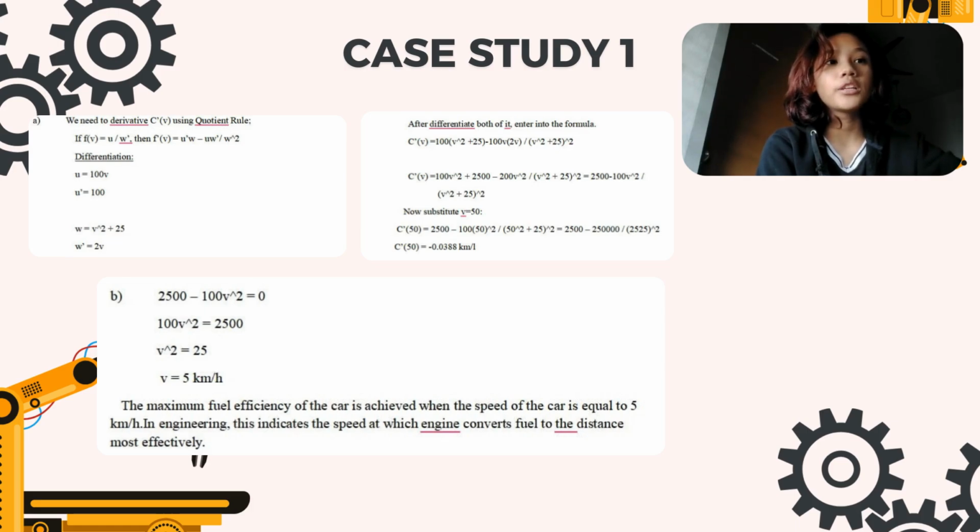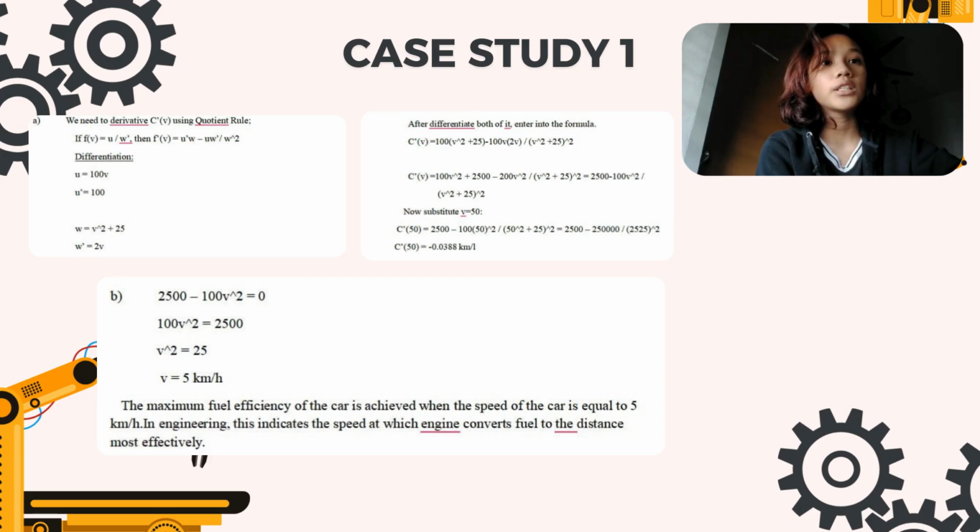The mathematical model is written as C(V) equals 100V divided by V squared plus 25. Here, V represents speed in kilometers per hour, and C(V) represents fuel efficiency in kilometers per liter.